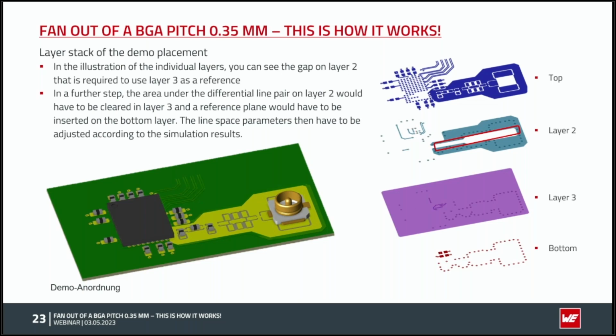You can do it like this, with cutouts in layer 2, or if you have that layer change with your differential pair routed on layer 2, you need to cut out the plane on layer 3 also, to have layer 4, the bottom layer, as reference layer.